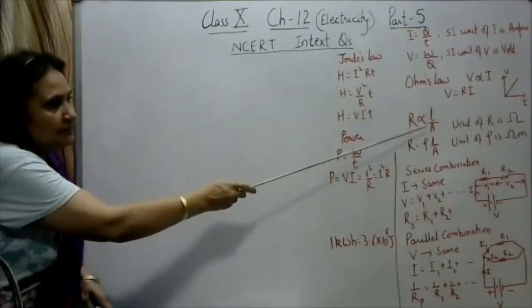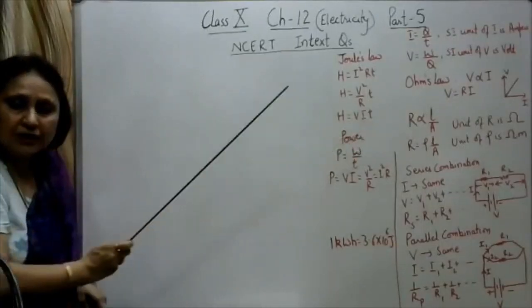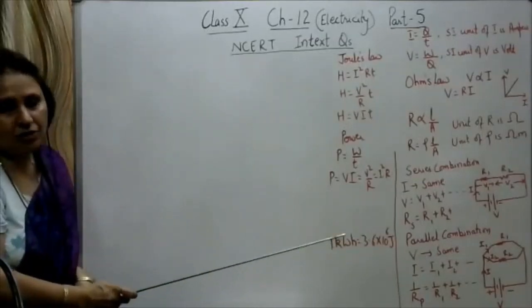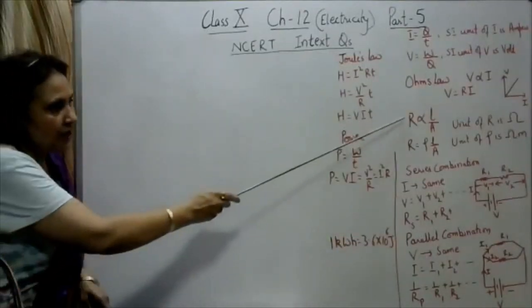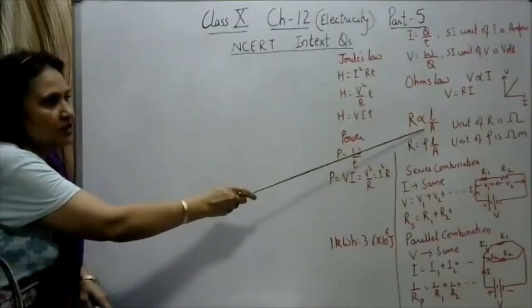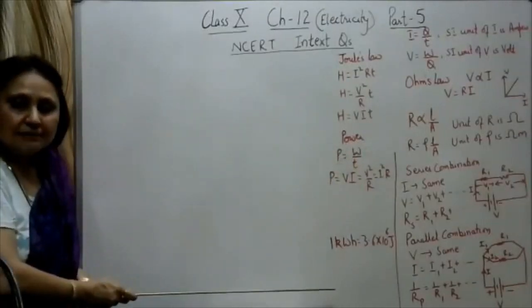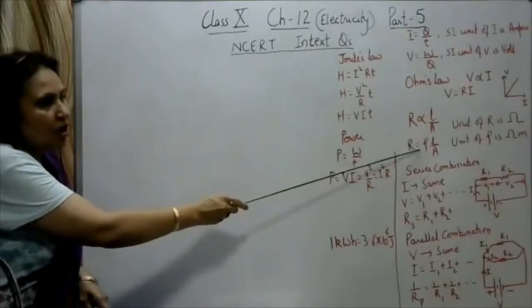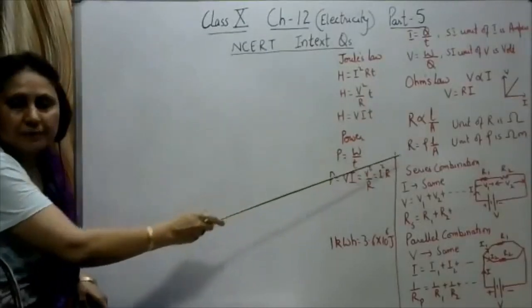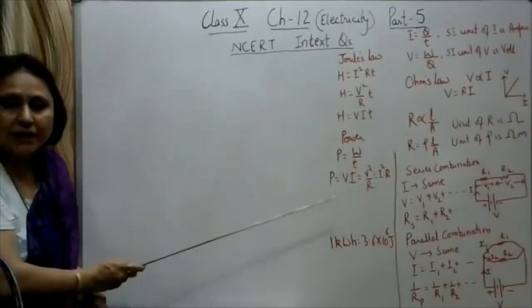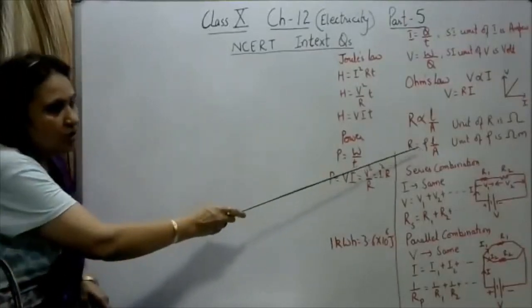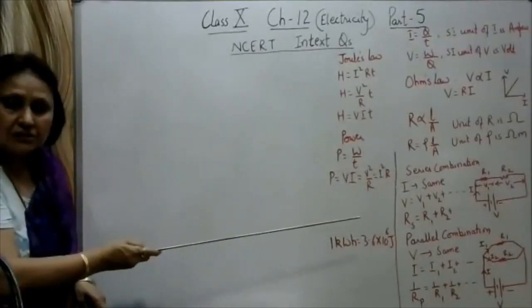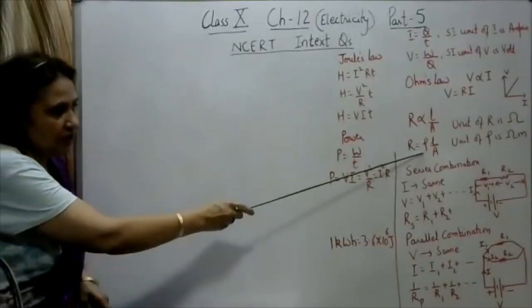So R is directly proportional to L upon A for a given conductor at a constant temperature. So for a given conductor at a constant temperature, resistance is directly proportional to the length and inversely proportional to the cross-sectional area. On equating it, the constant of proportionality here is represented by rho, where rho is called as the specific resistance or the resistivity of the conductor.